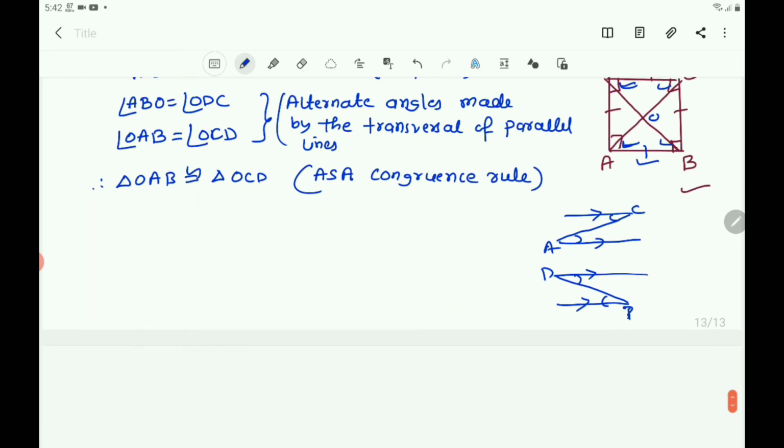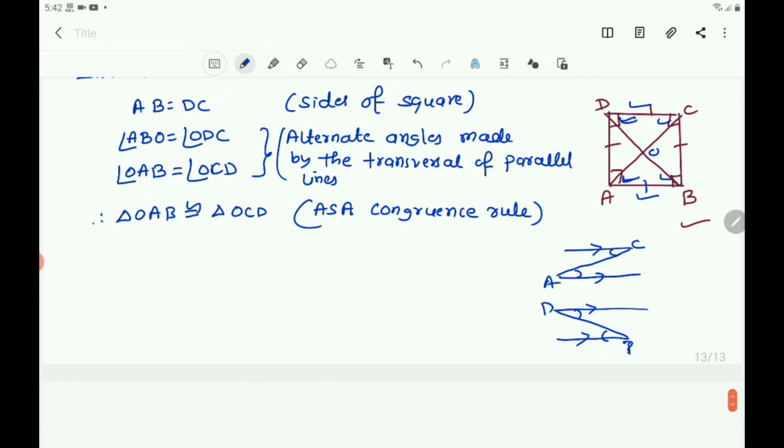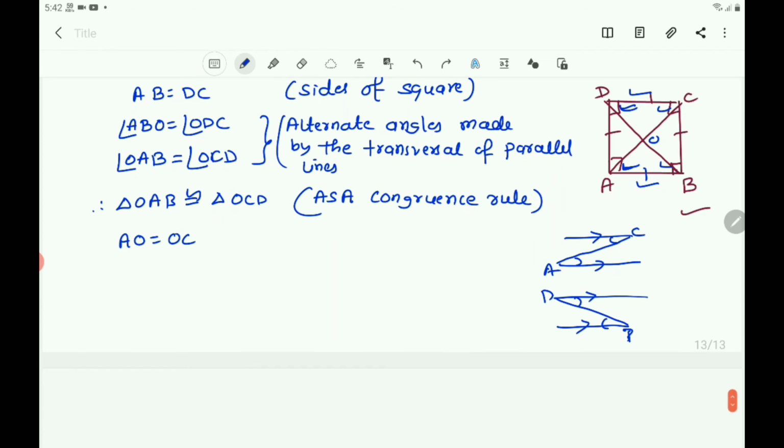So you can write that AO equals OC, and also OB equals OD. The reason is CPCT. And you got that diagonals bisect each other.